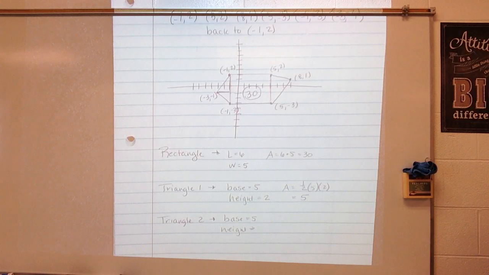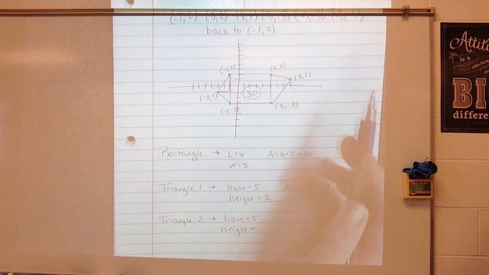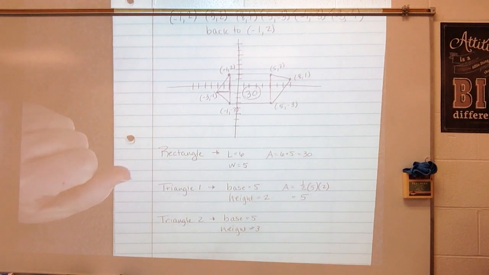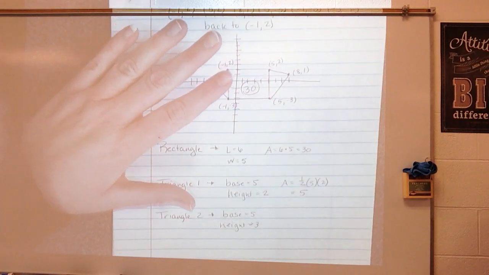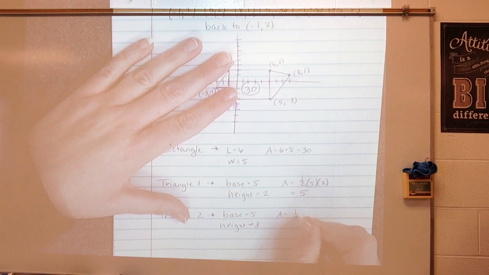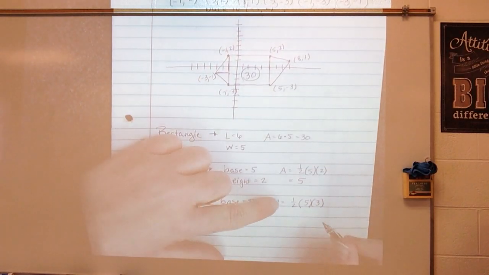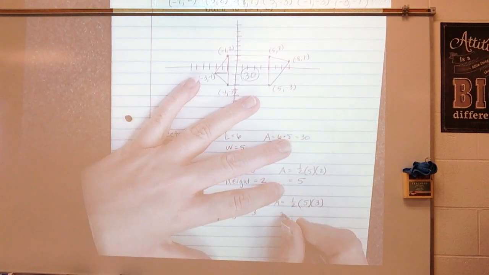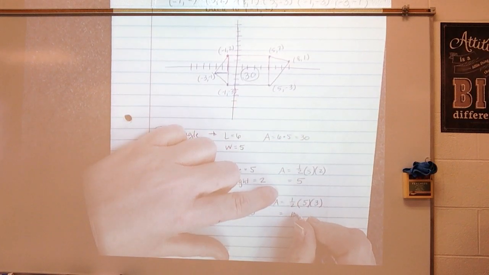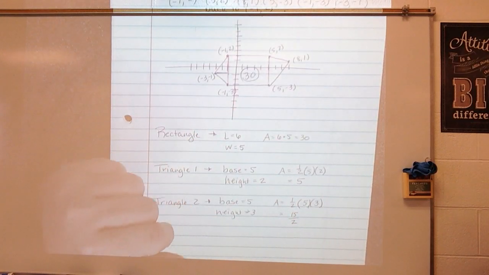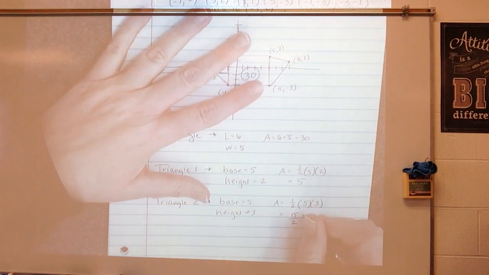This triangle has a height of 3. So now we can figure this out. Area equals 1/2 base times height. 1/2 times 5 is 5 halves, and 5 halves times 3 is 15 halves, which is 7.5.